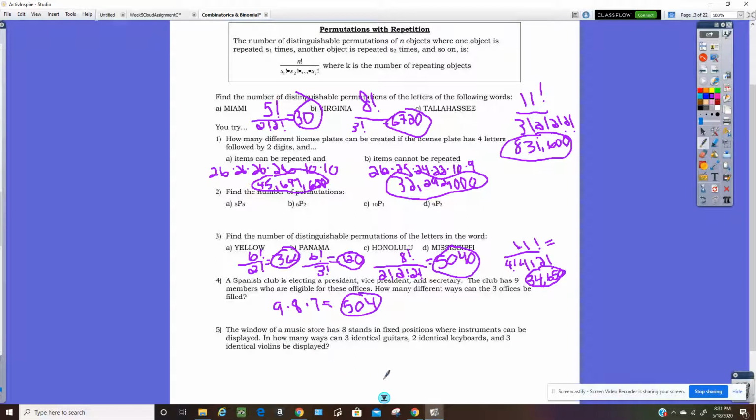So you've got 8 factorial for the stands, over 3 factorial times 2 factorial times 3 factorial.